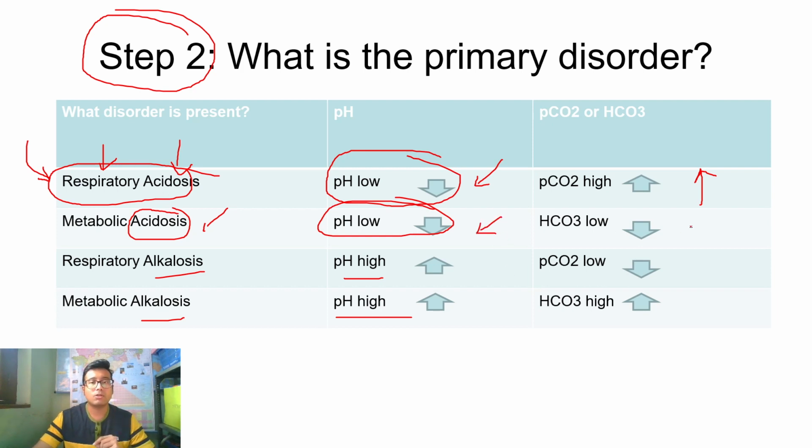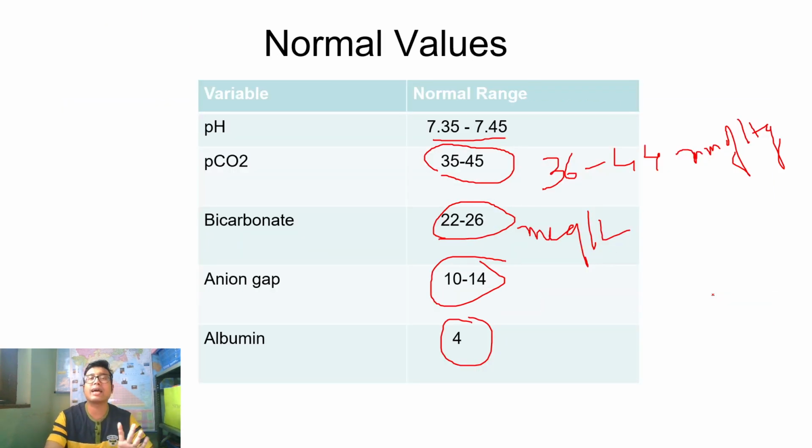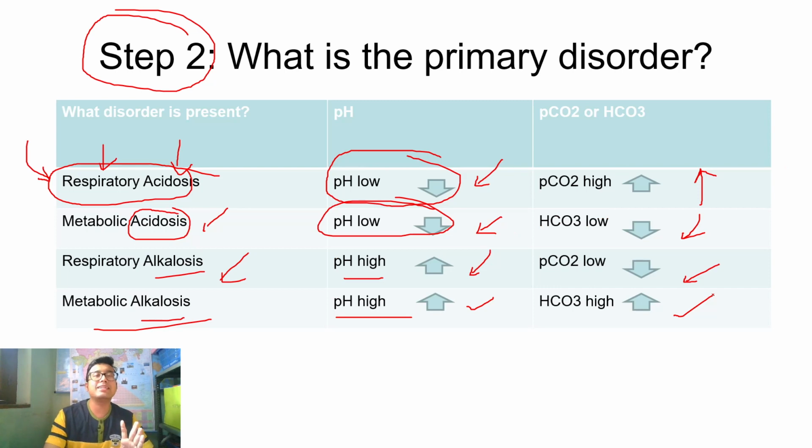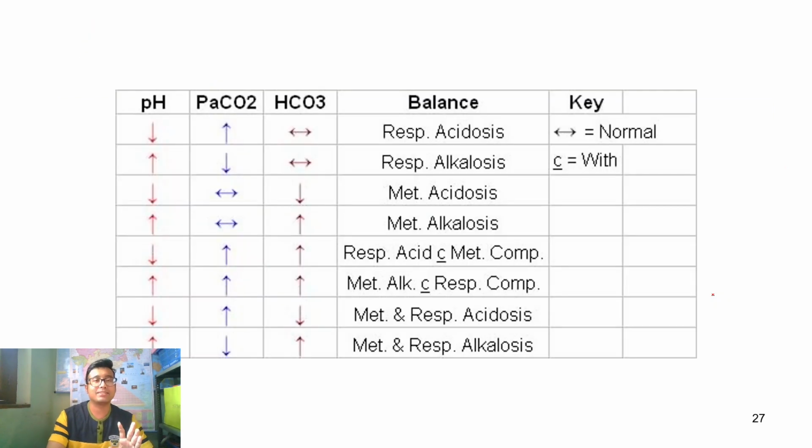So pH low, bicarbonate is also low. Respiratory alkalosis, alkalosis means pH high. How is PCO2 related? Inverse way. So pH is going up, PCO2 will go down. And lastly, metabolic alkalosis, both will go high. Clear? Remember this one. So with these two slides, you are now almost ready to diagnose an acid base disorder.